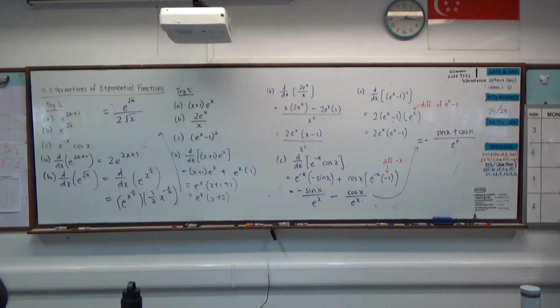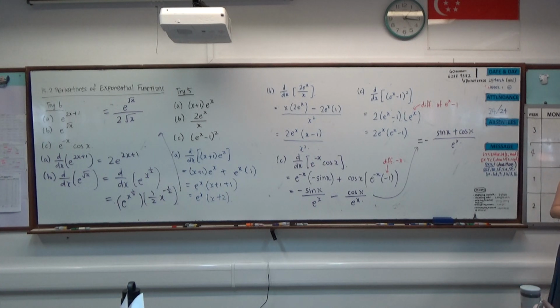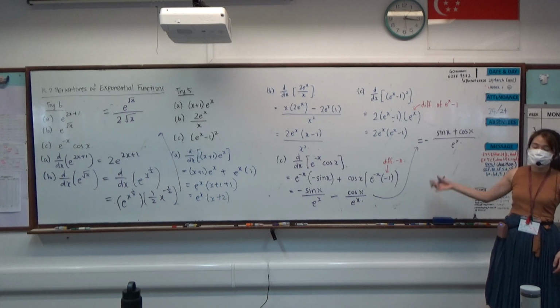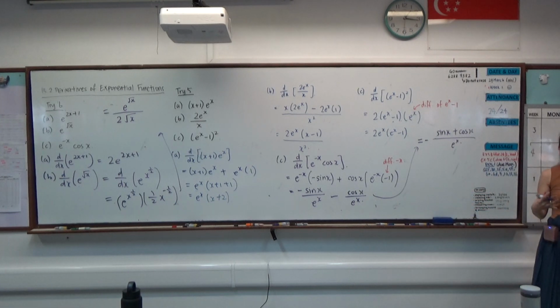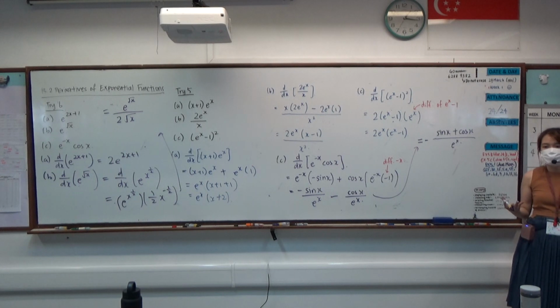Just to give you a bit of heads up, I went to look at our lesson sequencing and all that. Our aim for your mid-year exam is to end at chapter 16, okay? So we're now at chapter 15 midway only. We still have to learn how to differentiate logarithm functions. That's after this one. So I am foreseeing that we might actually finish chapter 16 by about week 4.